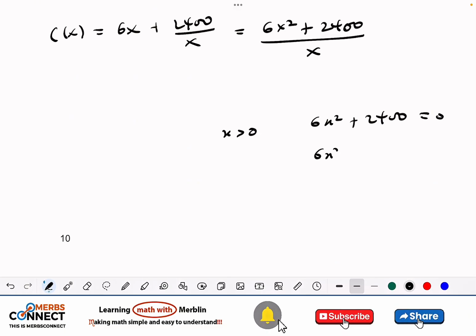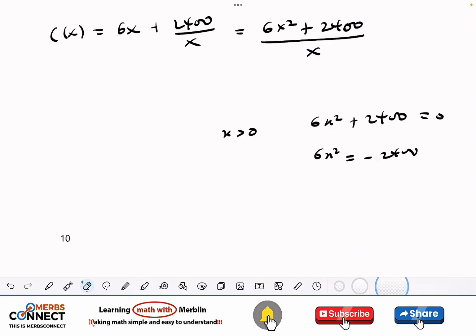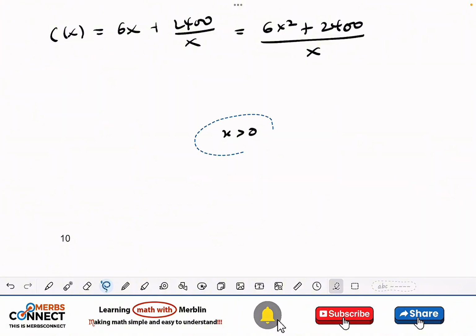So 6x squared should be equal to minus 2400, divide by 6, and you see that because this one is squared, there is no value of x that's going to make the top 0. So our domain will be just x is greater than 0.